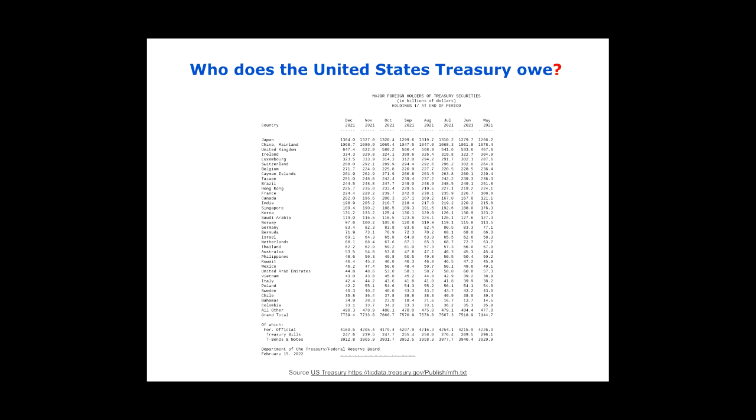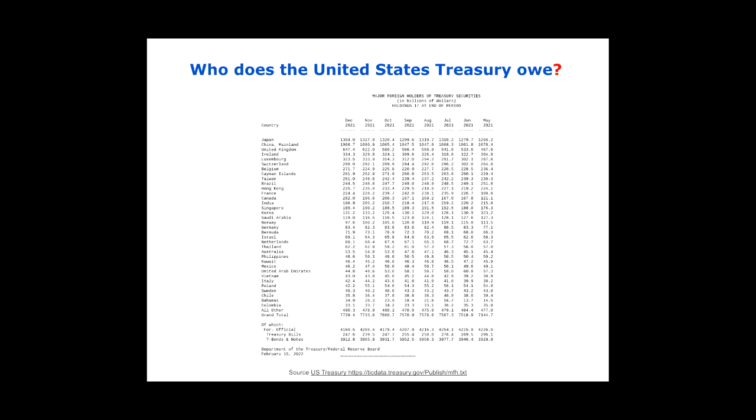Now, we're borrowing all this money. Who are we borrowing it from? Well, sometimes it's coming from other countries who are lending us money in return for interest. And when countries do that, the debt that the United States issues is in what's called treasury bills or treasury securities, and they're sold on markets, and it's a way of loaning the United States government money, and you get paid interest in return.